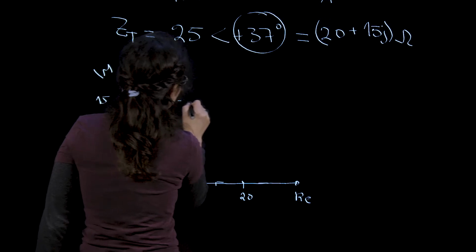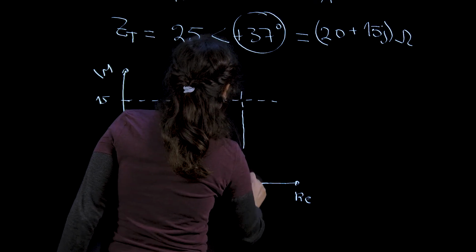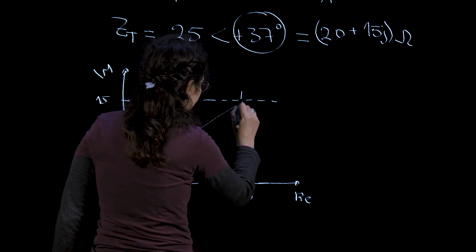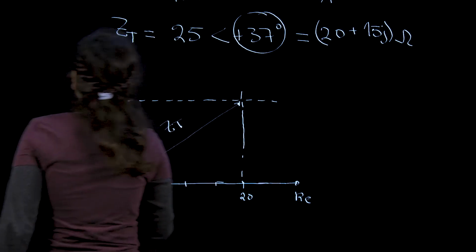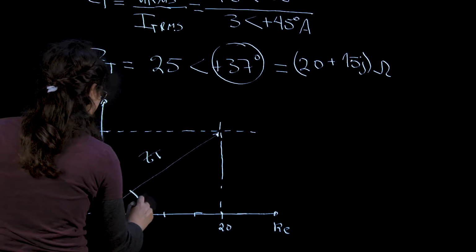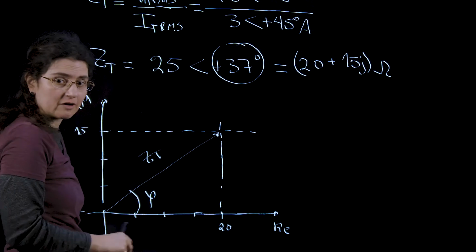So my impedance vector looks like this. And I have an angle of phi, which is the same angle as the angle of our power.